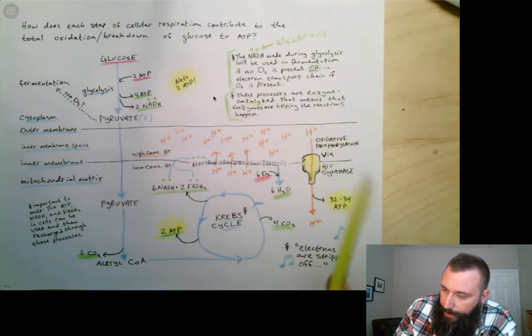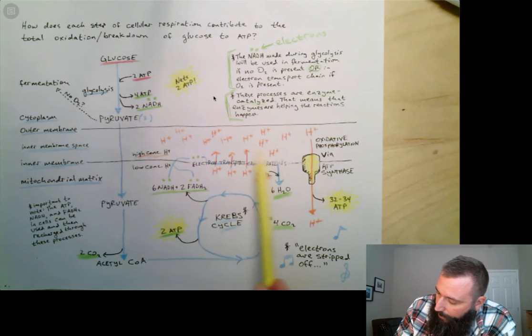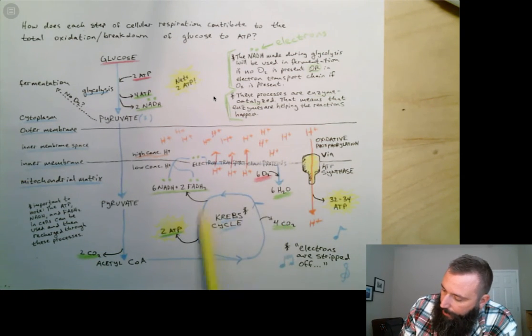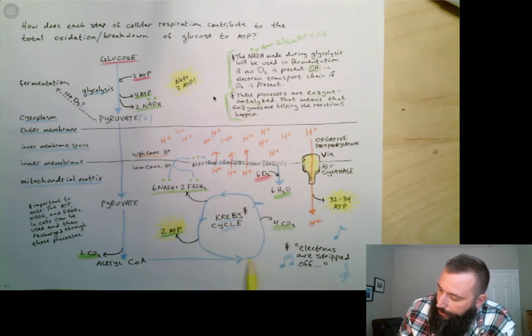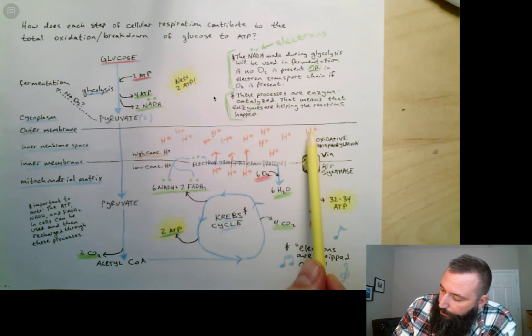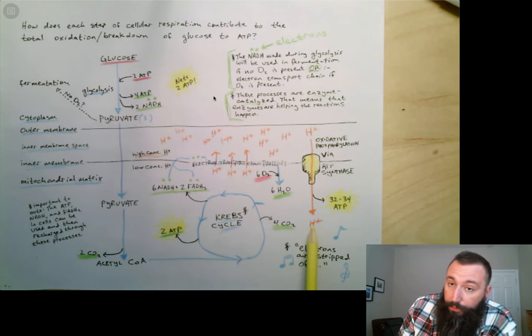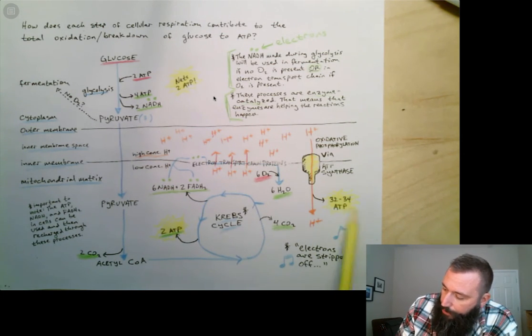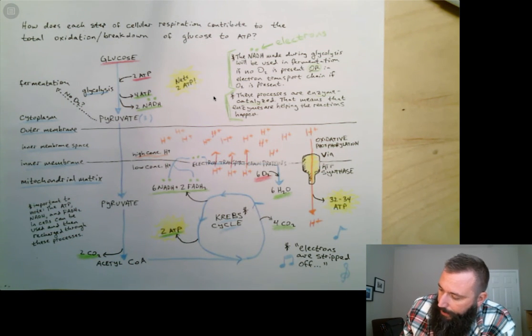The inner membrane space has a higher concentration of H+ than the matrix. These H+ ions will move from an area of high concentration to an area of low concentration through ATP synthase. And when that happens, we produce upwards of 34 ATP.